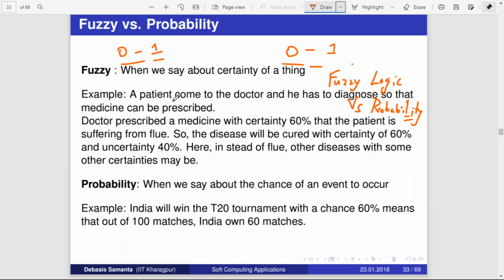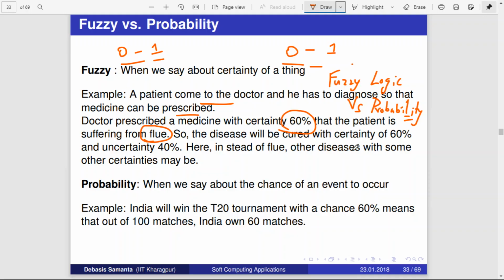So here is an example. Say a patient comes to the doctor to diagnose a disease. The doctor is predicting with a certainty of 60 percent that the patient is suffering from flu, but the prediction is only 60 percent accurate.